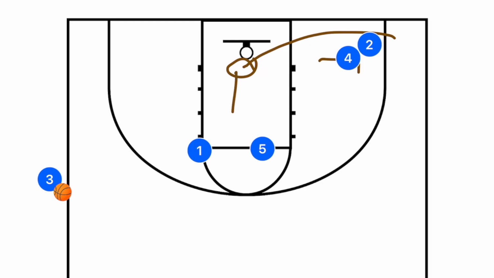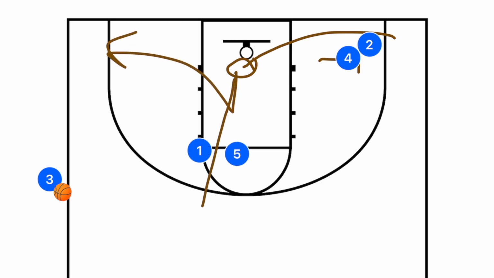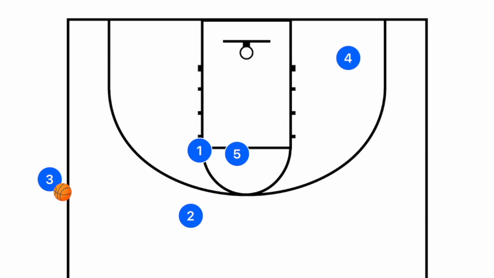Is he going to fake up and then go out to the corner, or is he going to go between players 1 and 5 to then use them as an elevator screen? If player 2 uses them as an elevator screen, then obviously he may be open for a 3-point shot. If he decides to instead go out to the corner, that could be a 3-point shot.